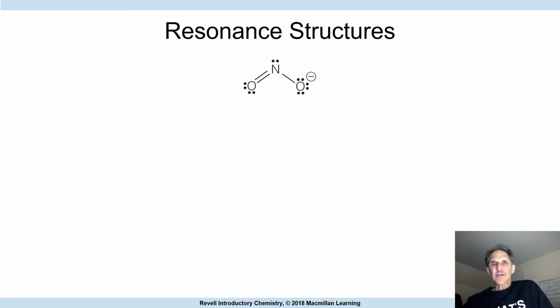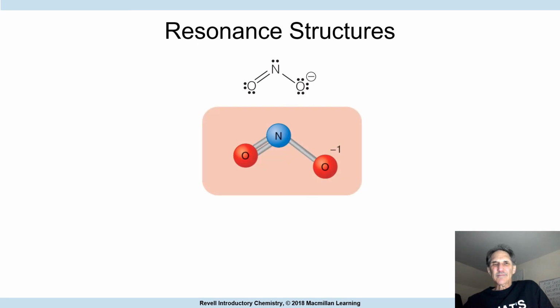Here's our nitrogen dioxide, and if we draw more of a ball and stick, it would be like this. Double bonds are shorter than single bonds, and because the electrons are more populated over here, the charge is likely to be concentrated over here.